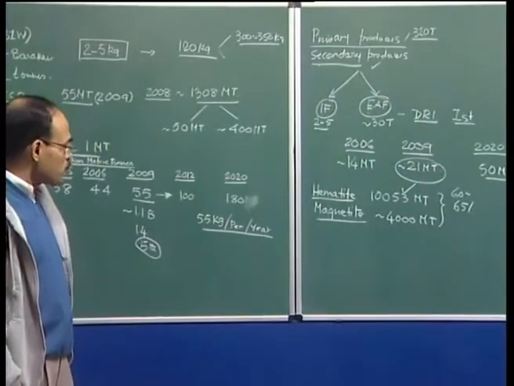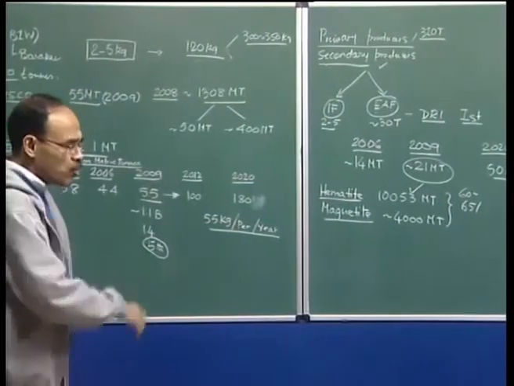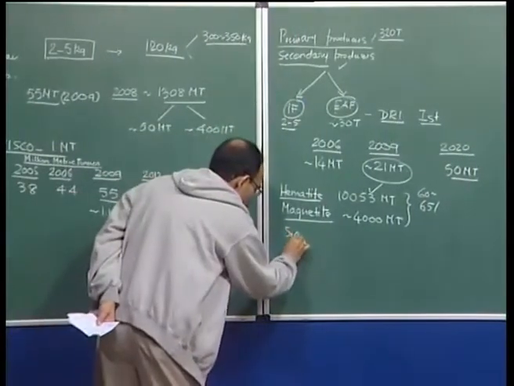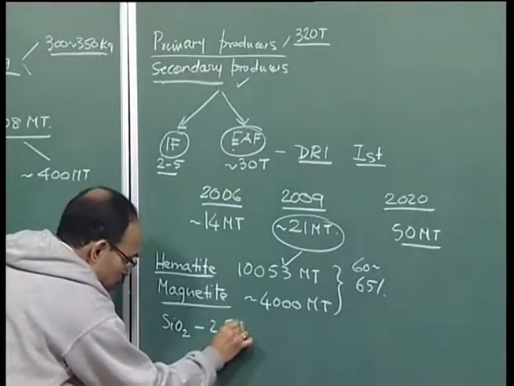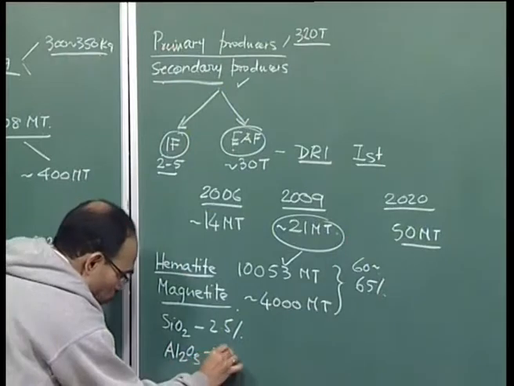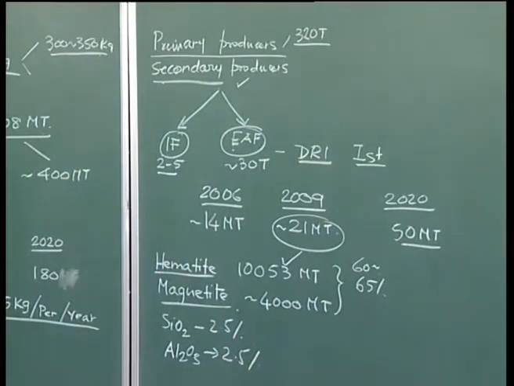We have some problem though, because our ore is high in silica. Silica is almost about 2.5%, and we also have alumina, which is about 2.5%. So this is a problem with iron ore.